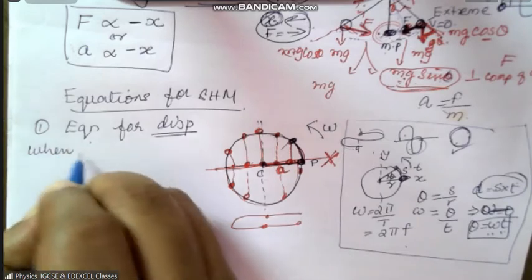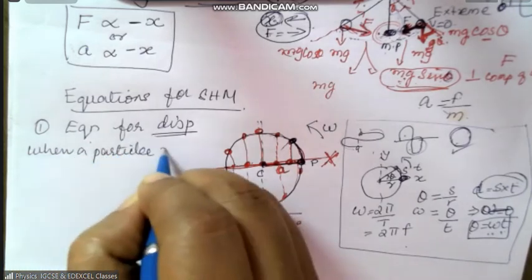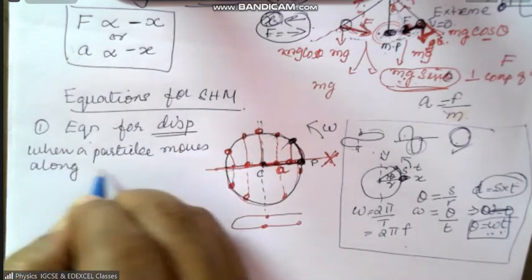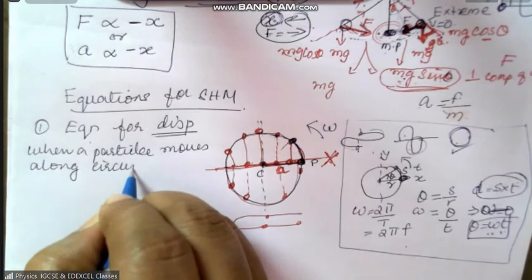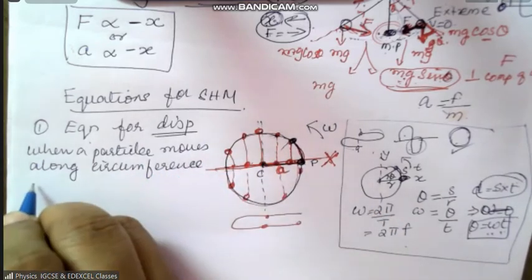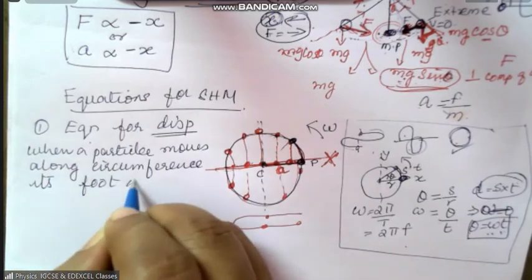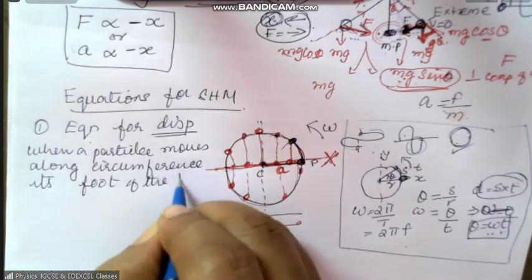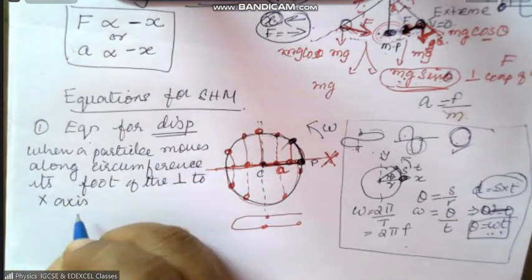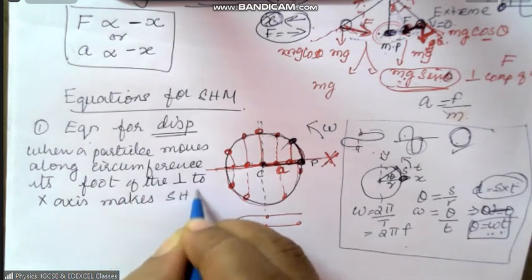When a particle or an object moves along the circumference of a circle, its foot of the perpendicular to the x-axis makes simple harmonic motion.